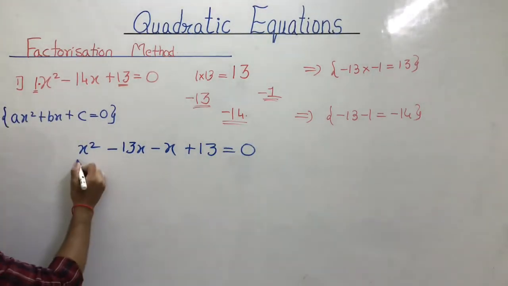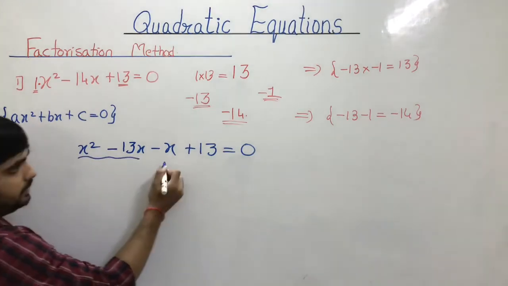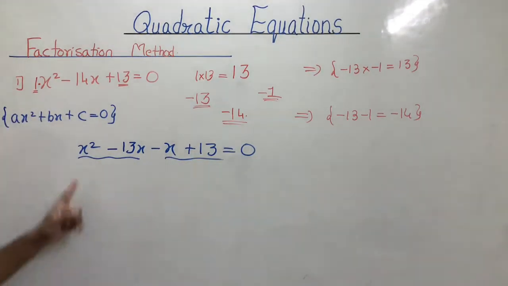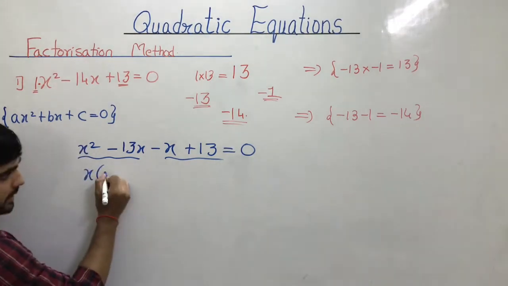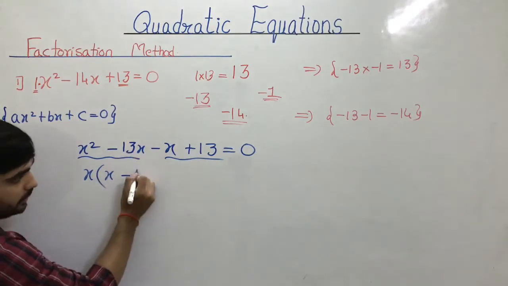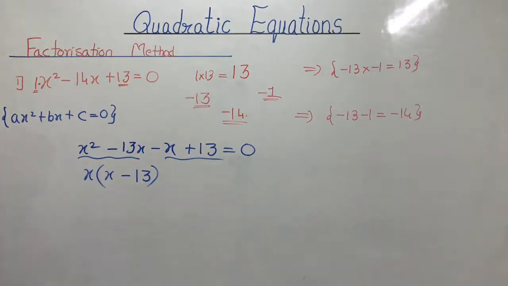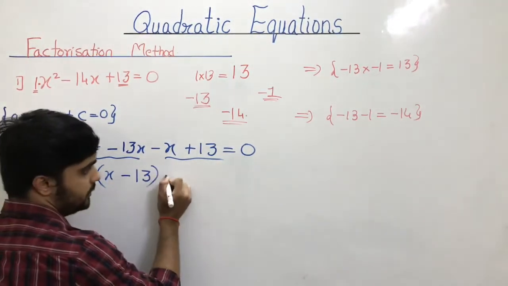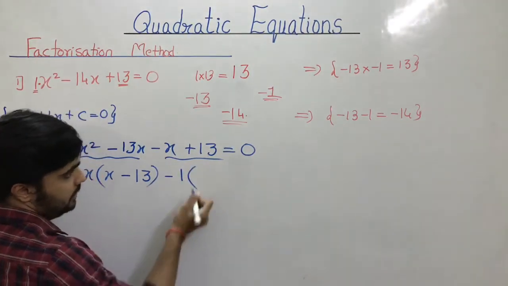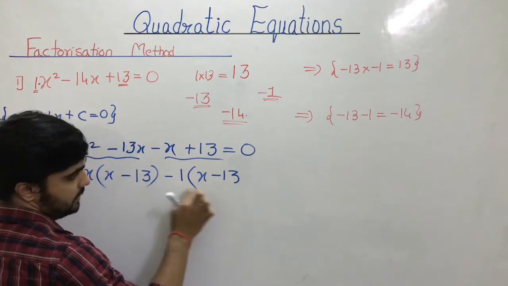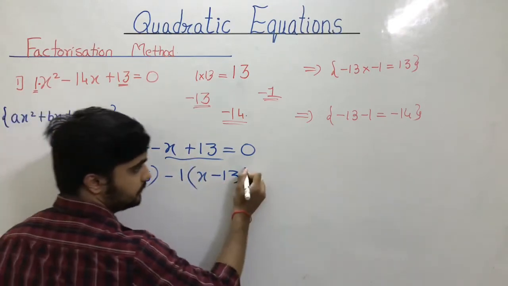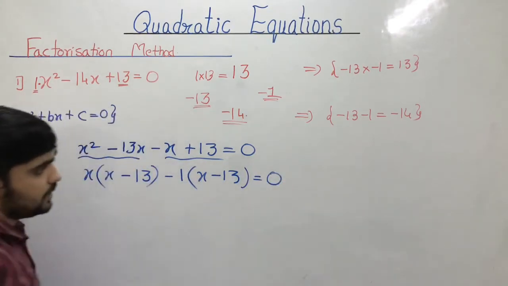Now we'll make two pairs. From the first pair we can take x common, so if we take x common, what is left is x from here and minus 13 from here. Similarly, if we take minus 1 common from the second pair, then it will be x minus 13, because minus minus is plus. So it is equal to 0.